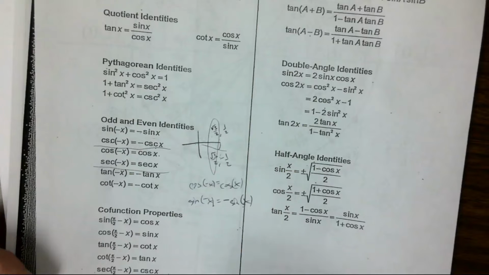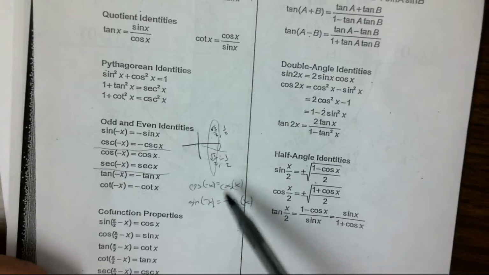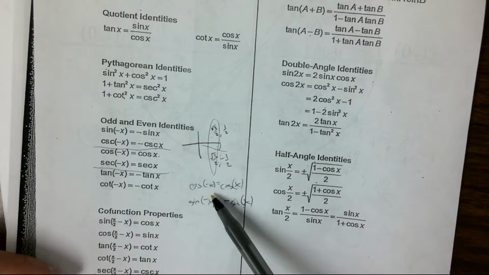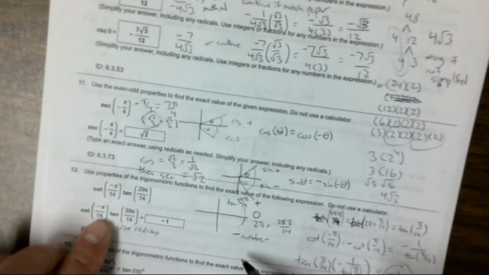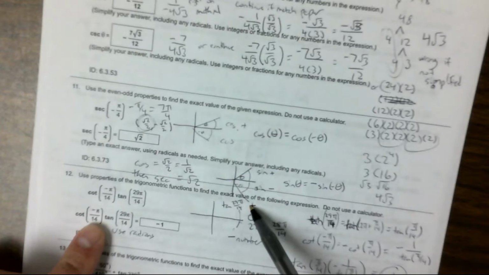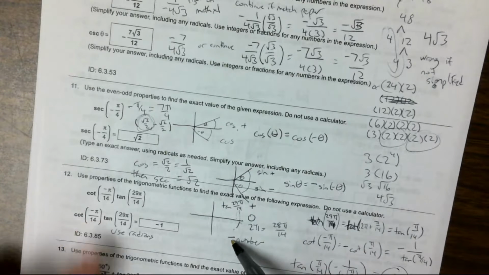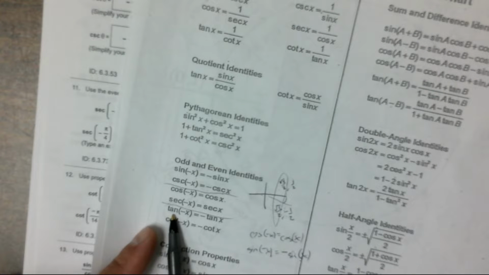But that's where I'm getting the reciprocal, the negative parts from the negative angle. So when I had mentioned if it's up here it's positive, if it's down here it's negative, that's where I got that from. Because for tangent, it'd be negative.